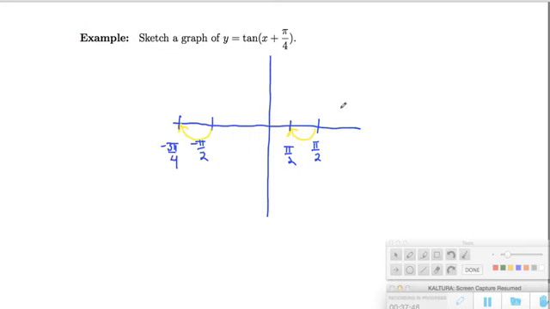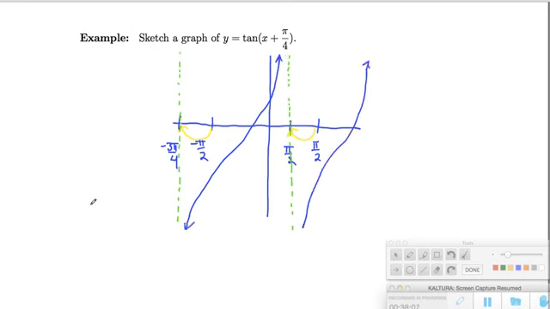And then our new vertical asymptotes are going to be there. The function looks like this, although this is just one period of the function. Remember, it's going to have repetitions of that in both directions. So y equals tangent of x plus pi over 4 looks like that.